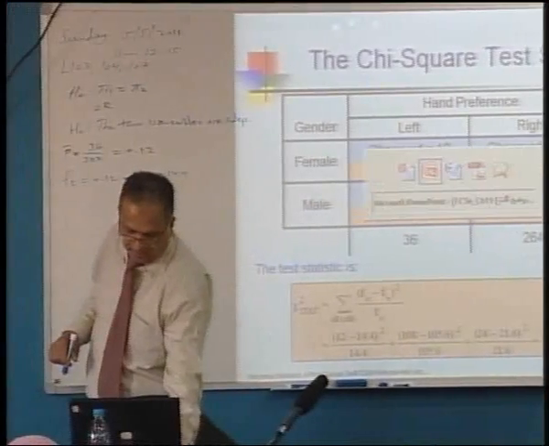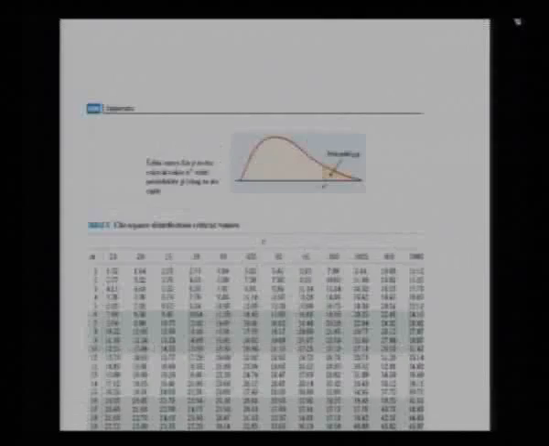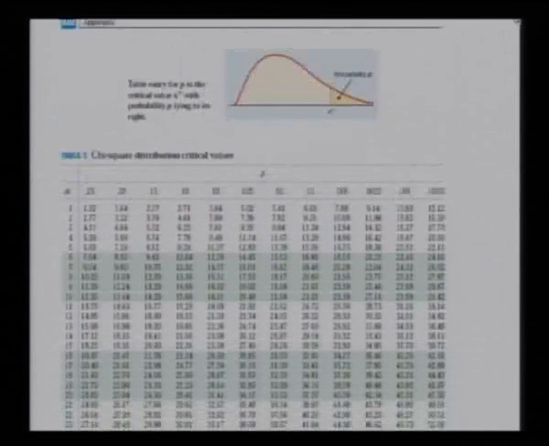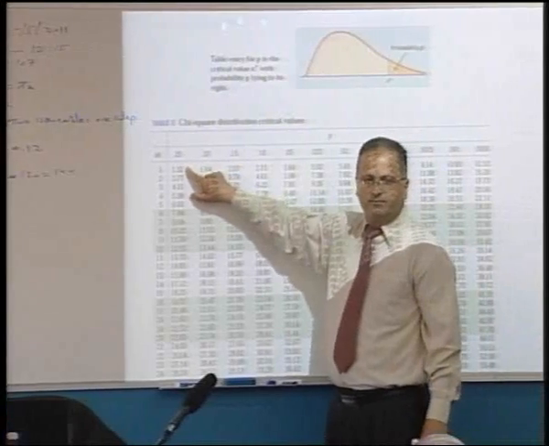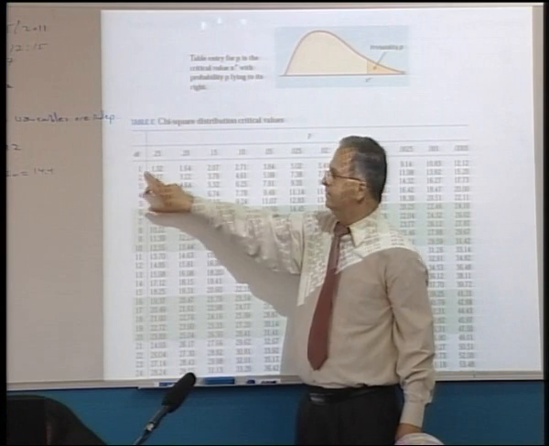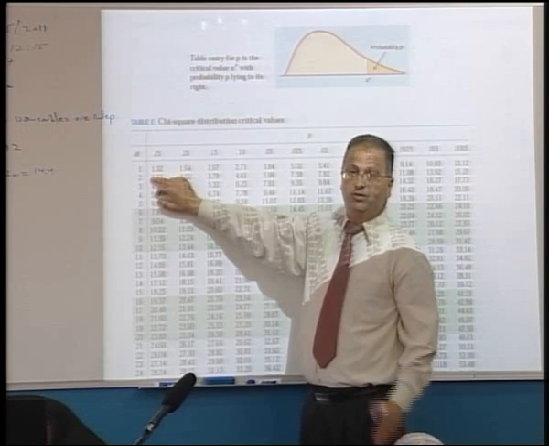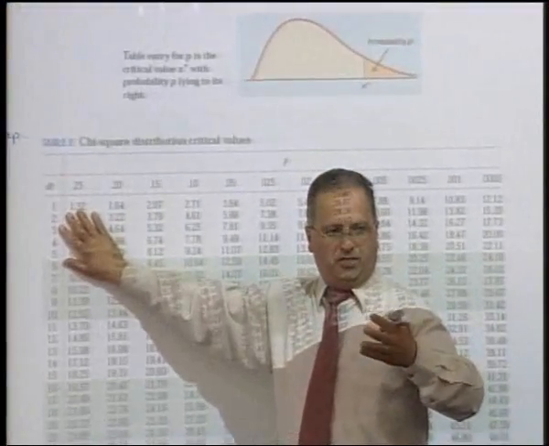Or if you look carefully at the chi-square table we have here, by the way, the smallest value of chi-square is 1.32 under 1 degree of freedom. So if your chi-square value is greater than 1, maybe you reject or don't reject.